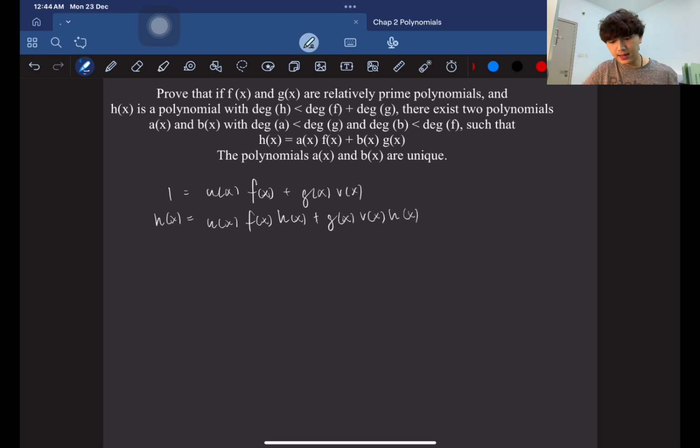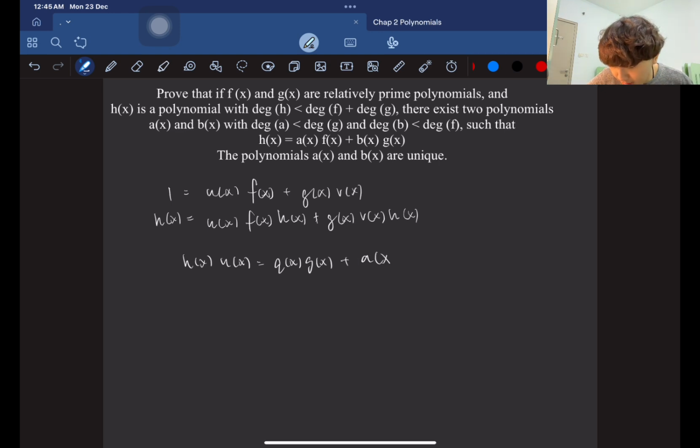Then because in some cases the degree of a(x) and b(x) will be very big, we divide h(x)u(x) by g(x). So h(x)u(x) is equal to q(x)g(x) plus r(x).